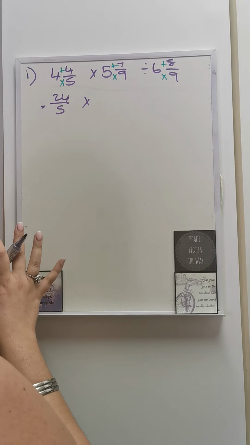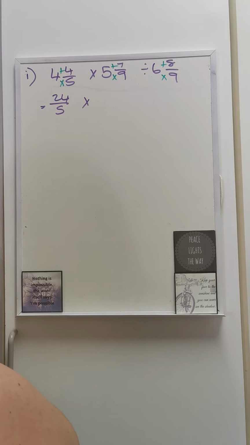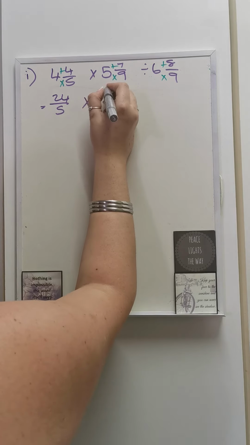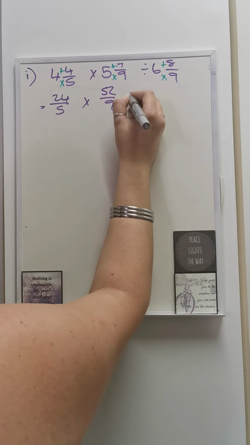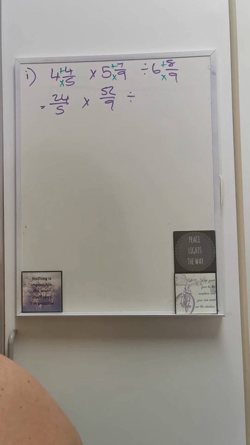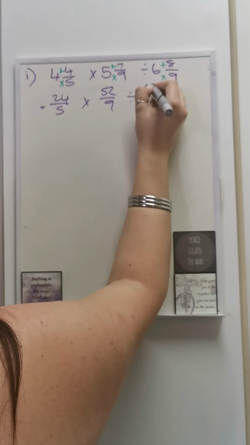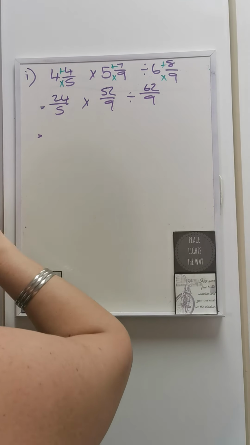Times 5 times 9 is 45, 45 plus 7 gives you 52 over 9. Divided by 6 times 9 is 54, plus 8 gives you 62 over 9.